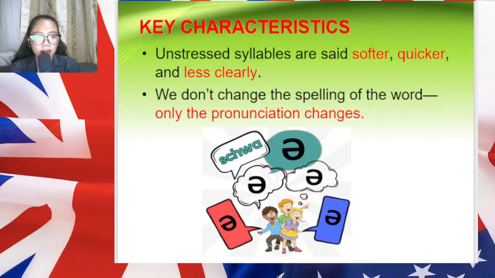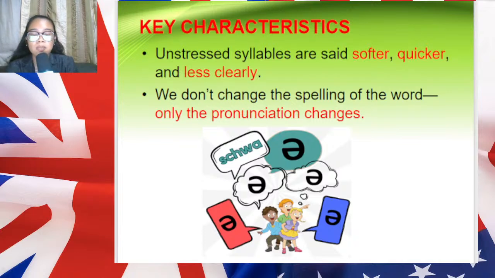So it's really important to know when a syllable is stressed or unstressed, especially unstressed because we're talking about unstressed syllables here. We don't actually change the spelling of the word. We are only changing how we say it. So the pronunciation softens, but the word stays the same in writing. Okay?